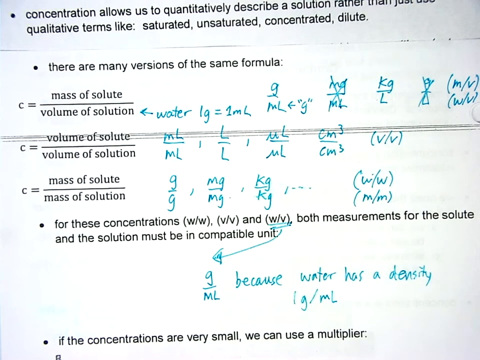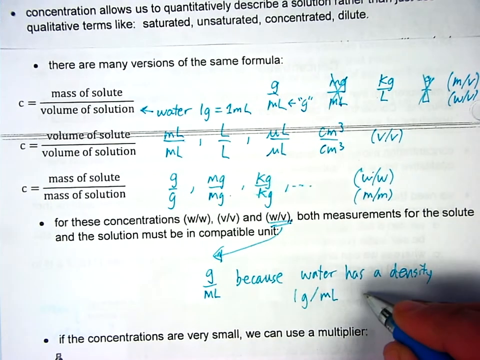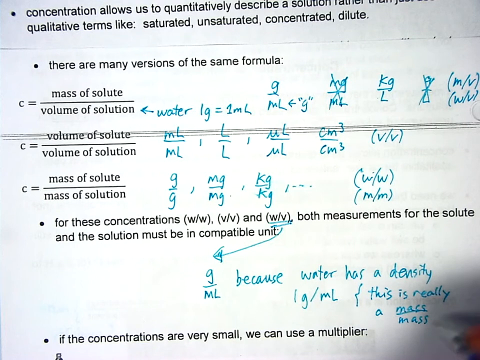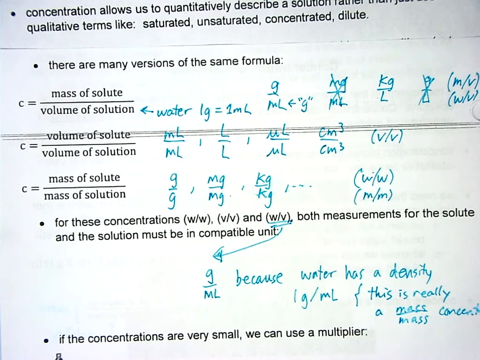And so what we really have here is a mass to mass concentration. So we use these different units in different ways.